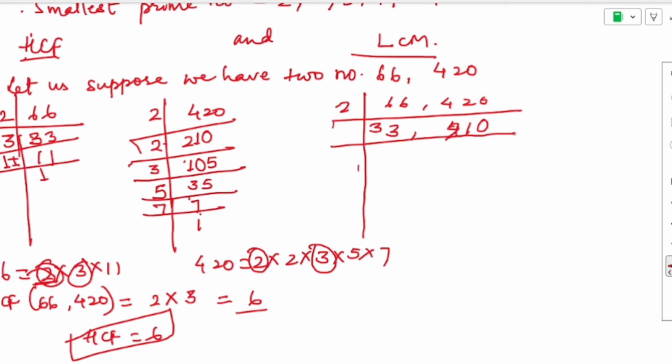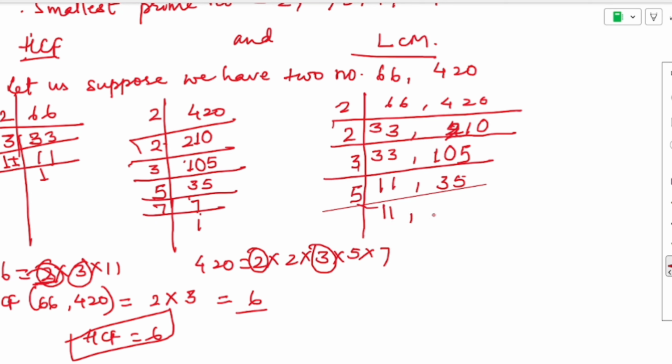Now see, 33 is not divisible by 2, but 210 is, so we take 2 here. We write 33 as it is, and 2 1s are 2, 2 0s and 2 5s are 10. Now both numbers are divisible by 3, so we get 11 and 35.